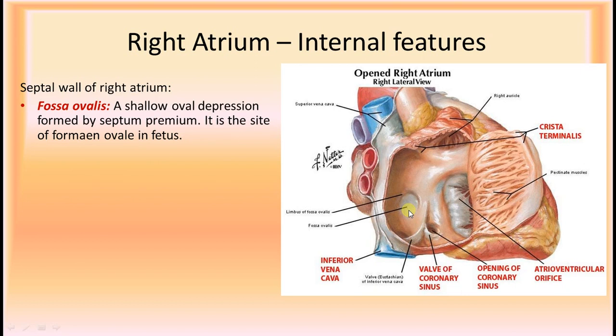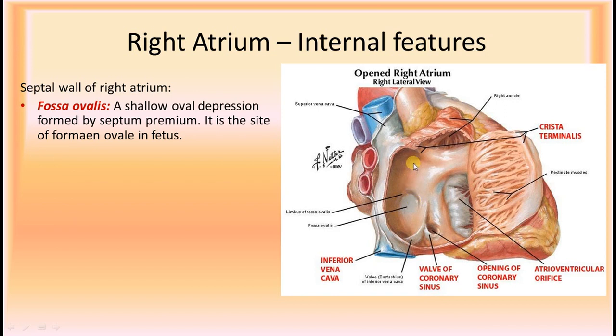The fossa ovalis is formed by septum primum, because interatrial septum develops by a septum which grows from above, that is called the septum primum.